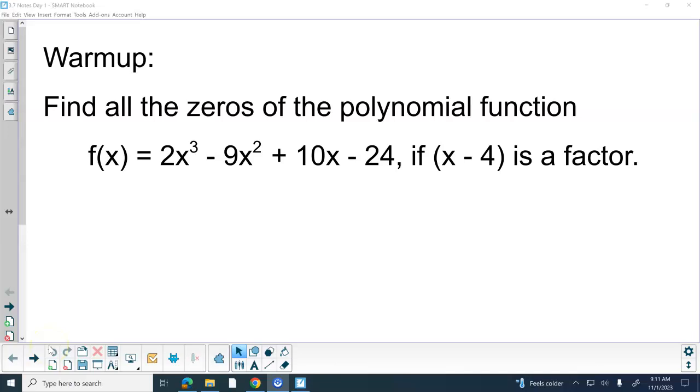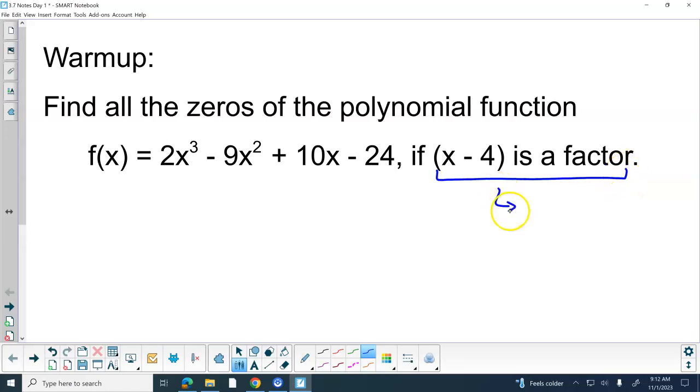So we know that if x minus 4 is a factor, then we can set our factors equal to 0, and we can solve that. And so x equals 4 is a 0, a root, an answer, right?